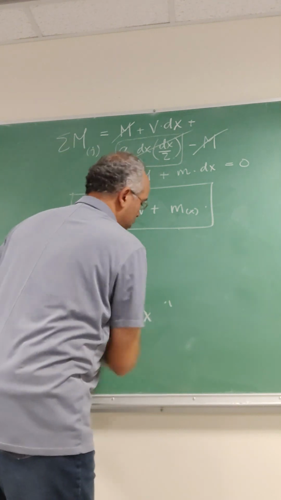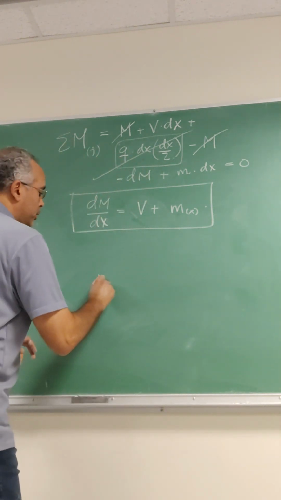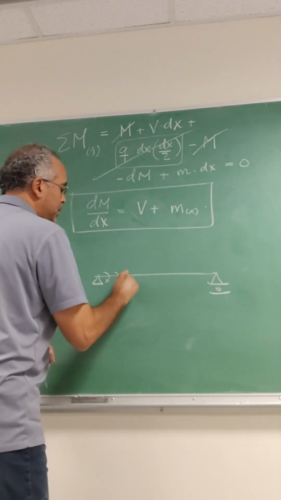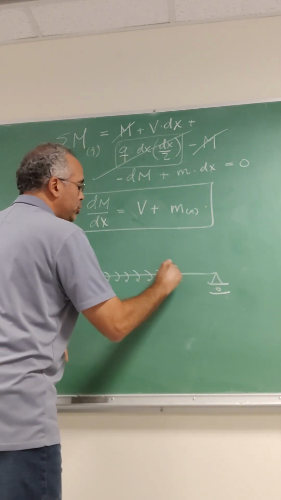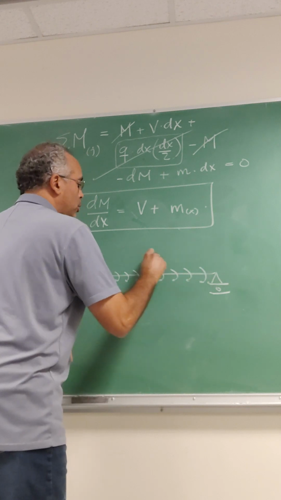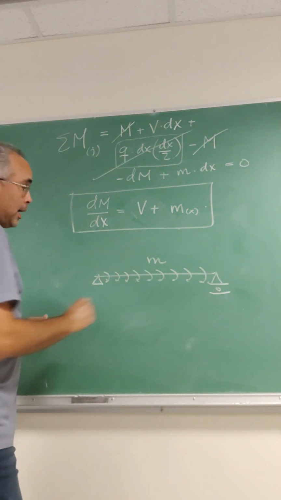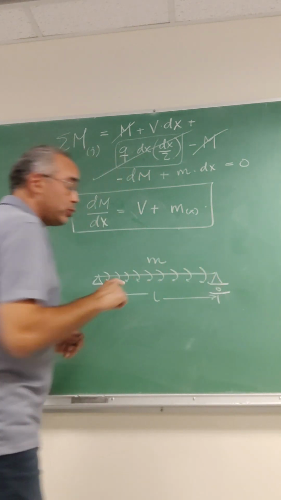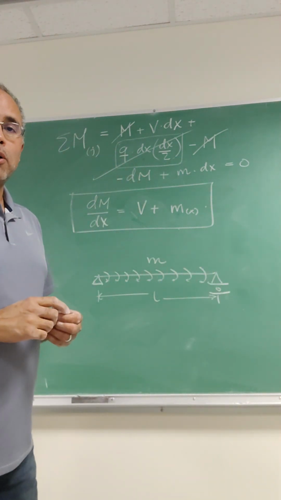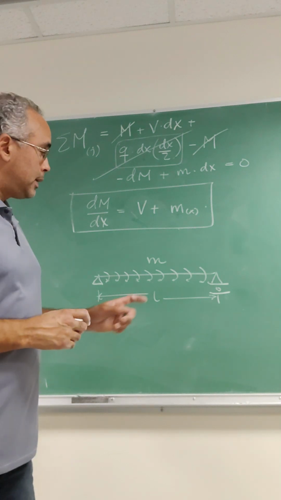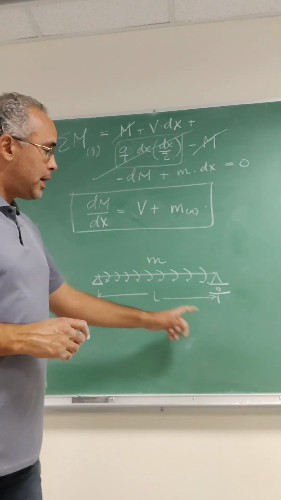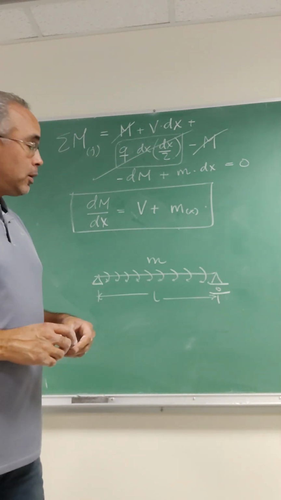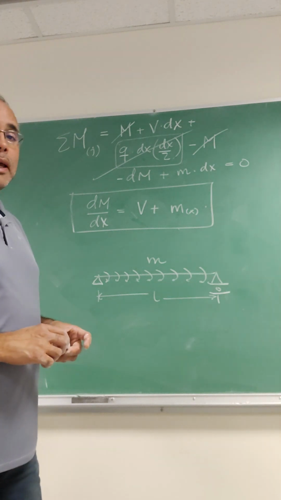For example, look at this case right here, simply supported beam, and I've discussed this before in a previous video, and this beam is only subject to uniform distributed moments m, and the length of the beam is L. If you go to a previous video that I uploaded, I'm going to share the link, you'll find that that beam has uniform shear, but it has 0 bending moment across its full length.